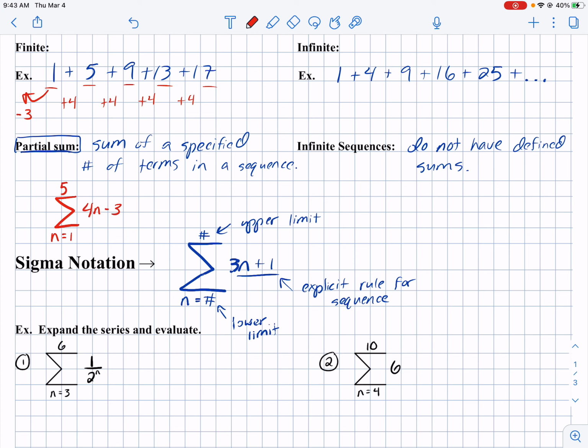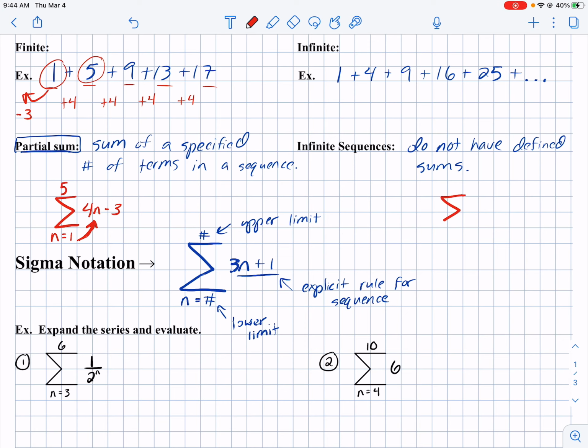But now hopefully you can see when you plug in your lower limit of 1 into your rule, you get this first term of 1, right? 4 times 1 minus 3 is 1. When you plug in 2 to this rule, 4 times 2 is 8. 8 minus 3 is 5. You get your second term in this series, right?